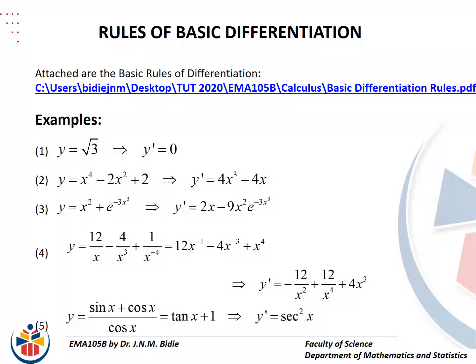The derivative of an exponential function is the exponential function, but then you multiply that exponential function by the derivative of the power. The derivative of negative 3x squared is negative 9x squared. Hence, we have here 2x minus 9x squared multiplied by the given exponential function.